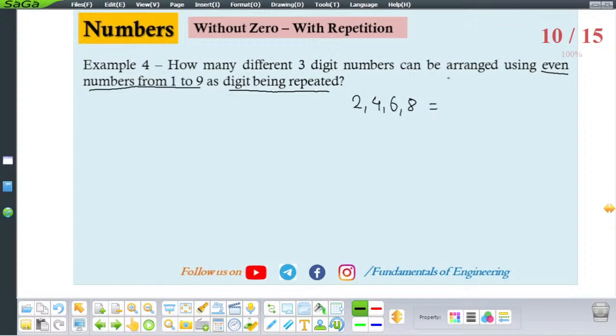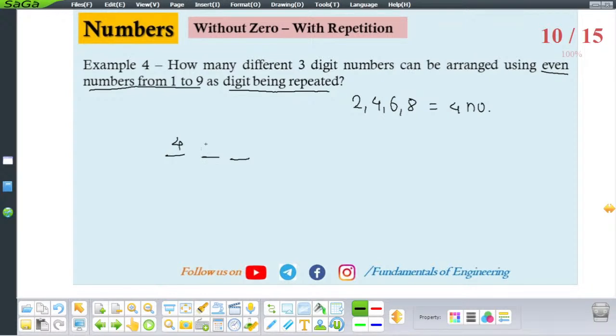So in total how many? 4 numbers are there. 4 even numbers from 1 to 9. And we have to form a 3-digit number. So we have seen an earlier example, and based on that we can get the answer here also. All 4 numbers will come at the first position.